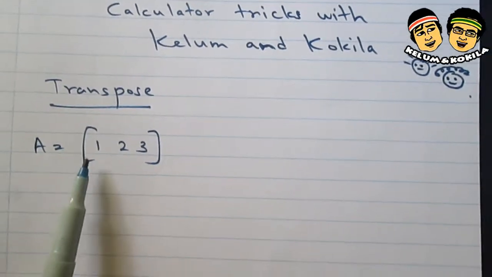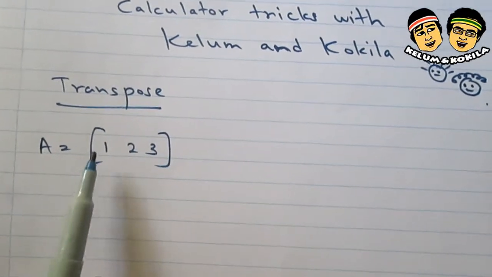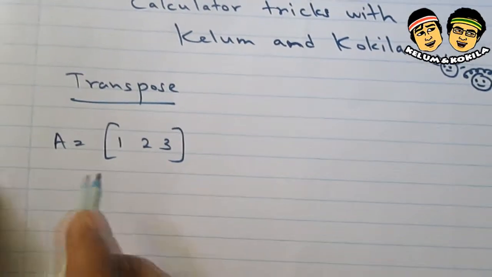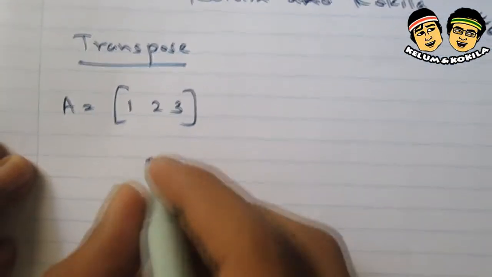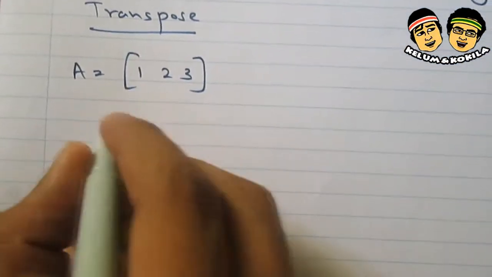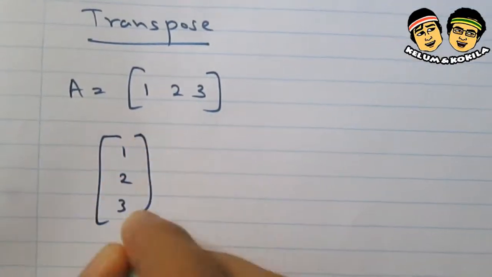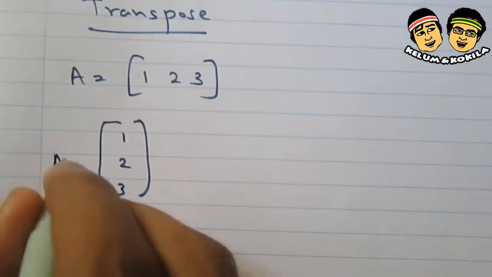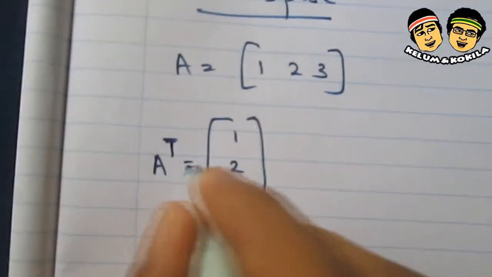Which means I'll turn this row into a column and I'll turn all the columns into rows. So the transpose of this particular matrix will be 1, 2, 3 written as a column. And this can be represented by a t, like A to the power t.